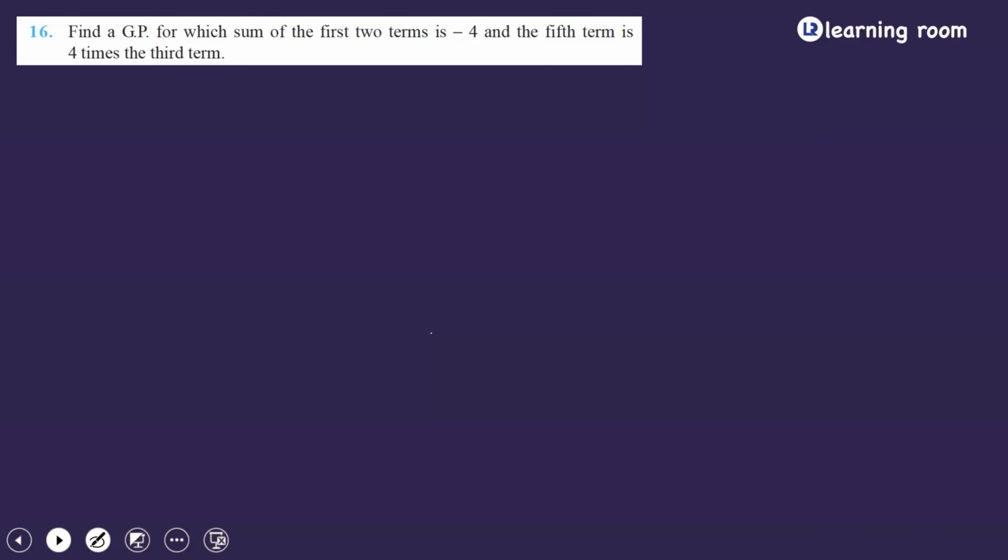Sum of the first two terms is -4 and the fifth term is 4 times the third term.